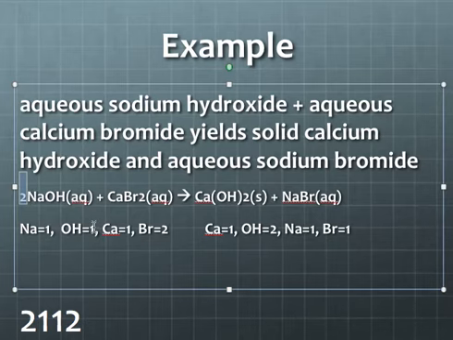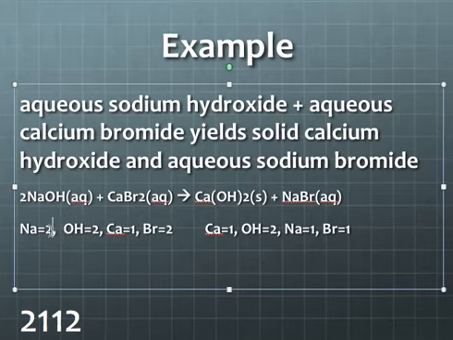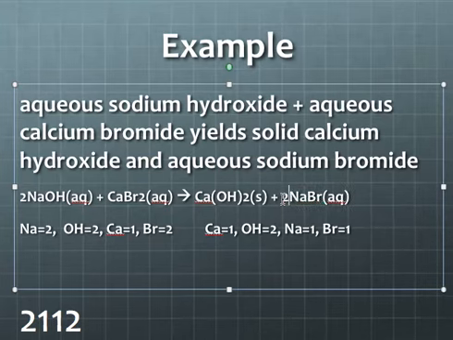Now, that's great that I changed my hydroxide, now I've got the same number of hydroxides, but if you notice, that also changed my sodiums. So I'm going to have to change that. And now my sodiums are off. So now I'm back over here on the product side, and I'm going to have to put a 2 here.